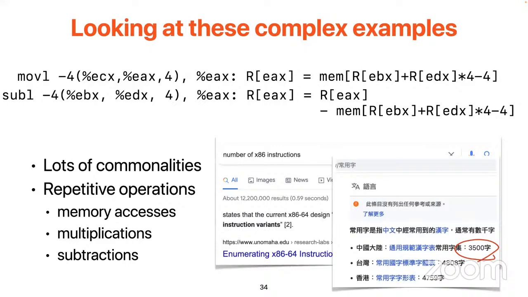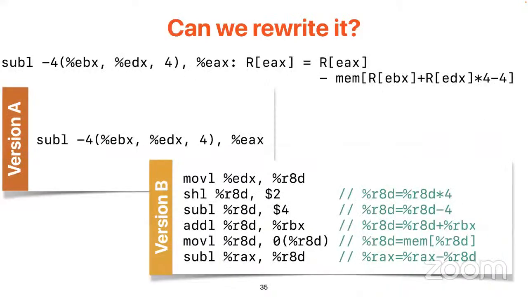That's not too far from the number of instructions that we support in x86, right? So you could imagine x86 is now as complex as a human language like Chinese, right? So that's very complex.